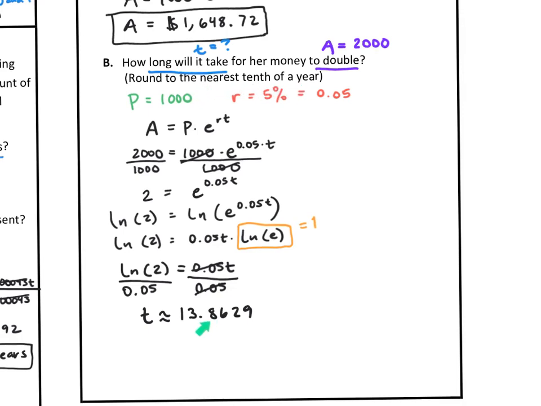So 0.8 is the tenth place, but because we have a 6 after the 8, the 6 is going to tell us to round to 0.9. So this 0.8 changes to 0.9. My final answer is approximately 13.9 years.